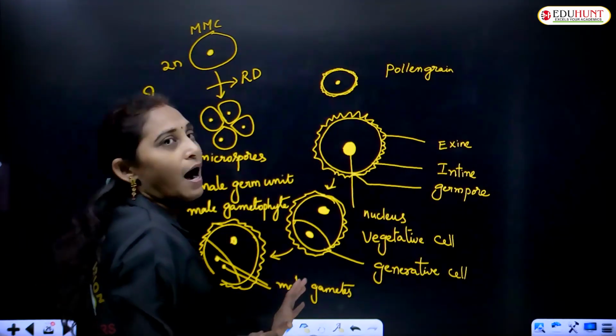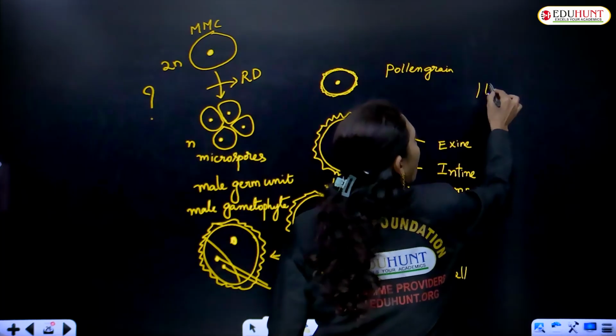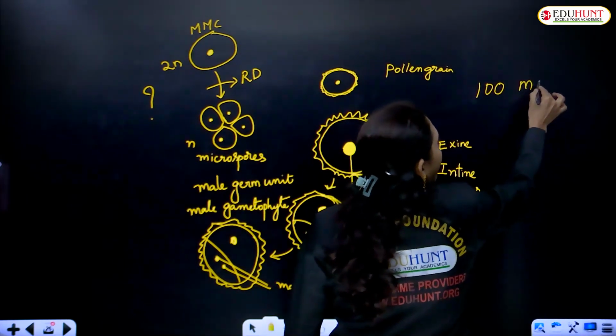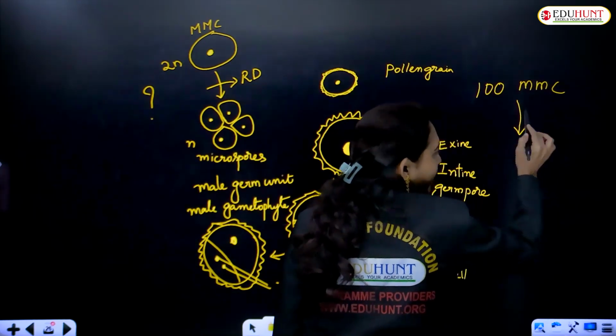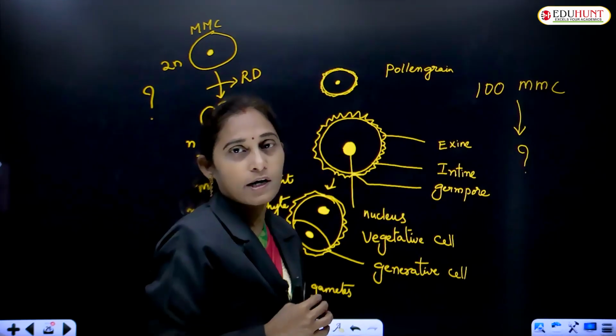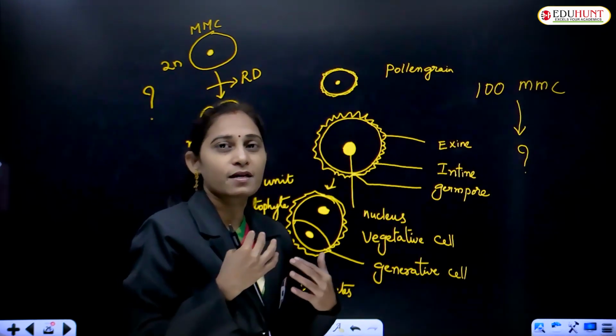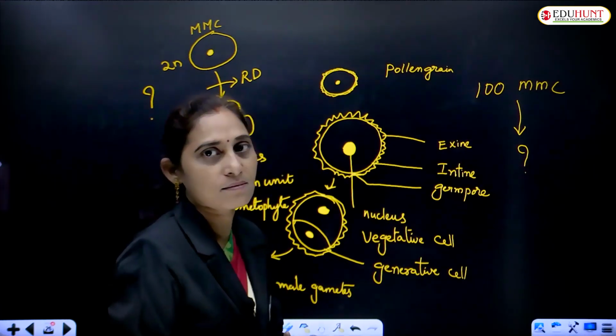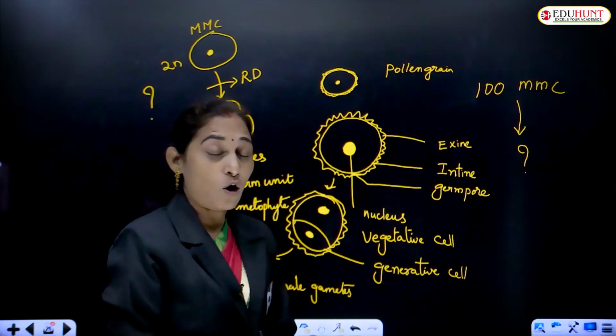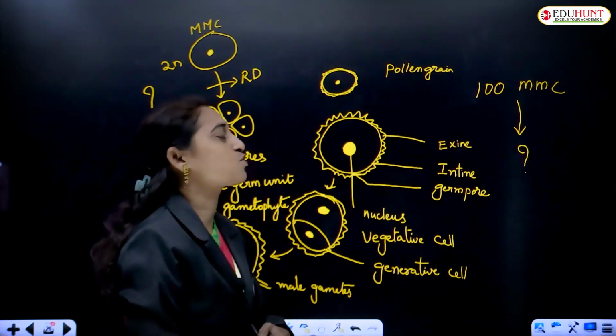If there are 100 microspore mother cells, how many microspores or pollen grains are formed? Just try to solve the answer.